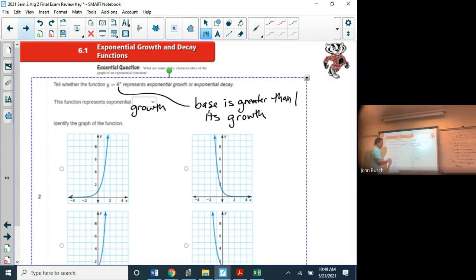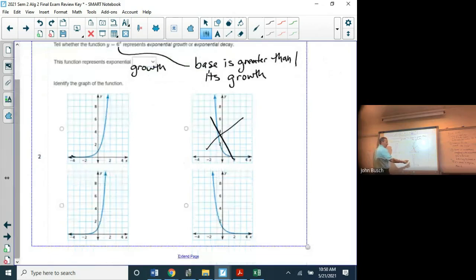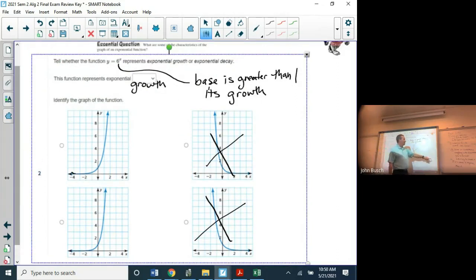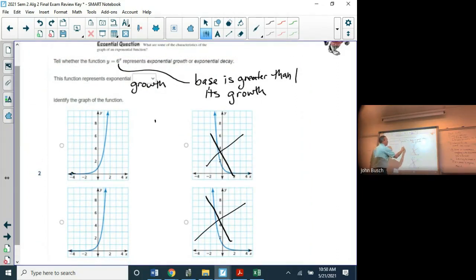And growth goes up from left to right. This is decay. Cannot be that one. You can figure out usually which one it is by a couple of quick points. Like if x is 0, then we have 6 to the 0, which is 1.